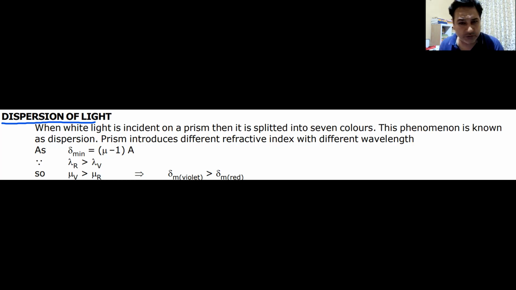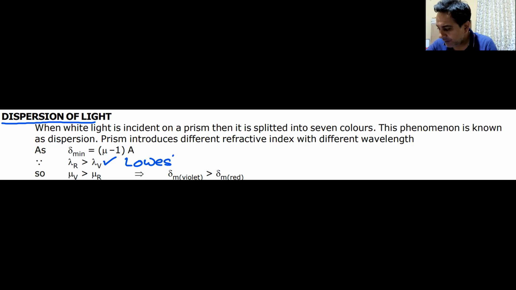Which color has the lowest wavelength? Lowest wavelength, सबसे छोटा wavelength. Which color has the lowest wavelength? Violet has the lowest wavelength. Will you remember this?